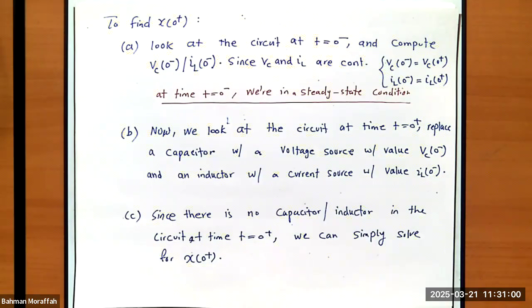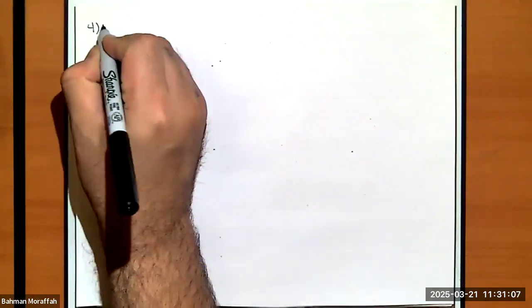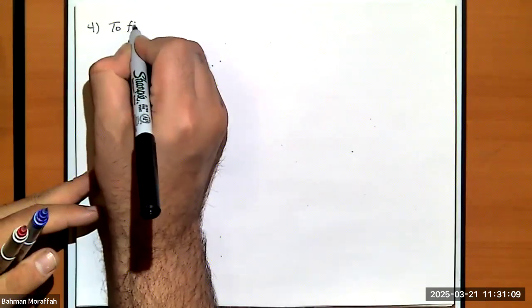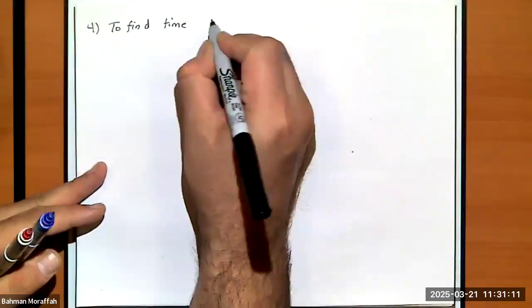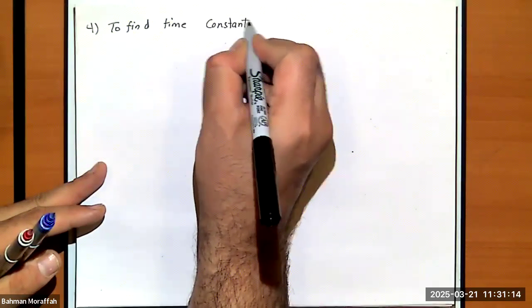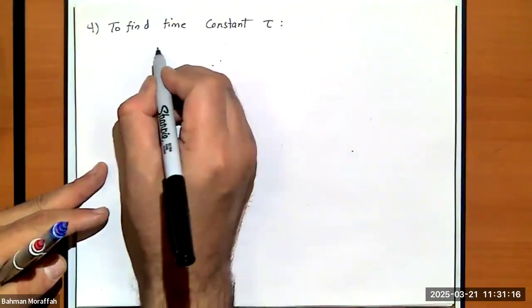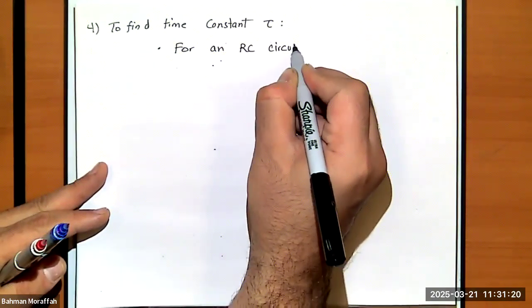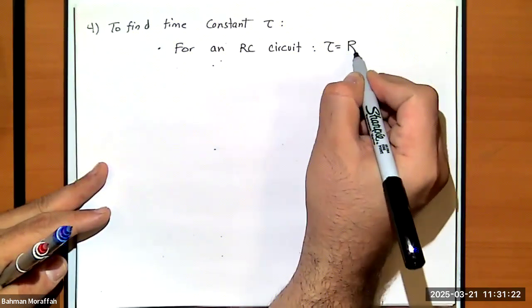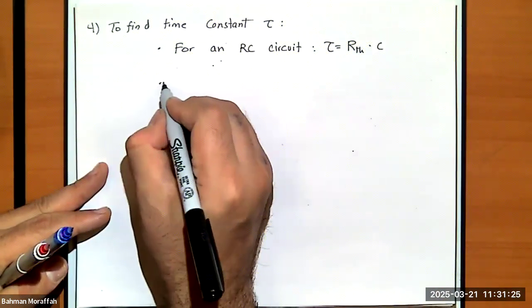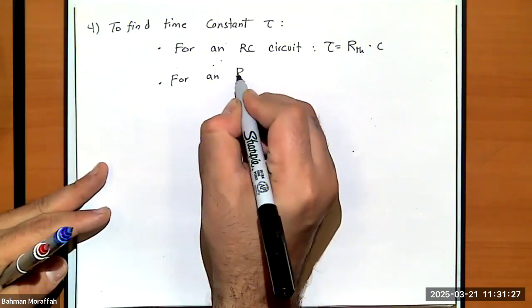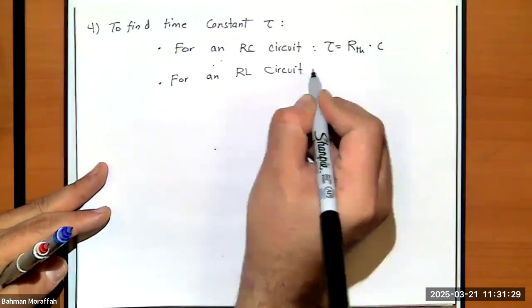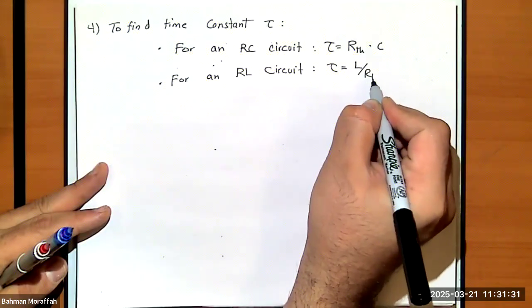So next step is to find the time constant tau. We know for an RC circuit, tau is R-Thevenin times C. For an RL circuit, tau is L over R-Thevenin.